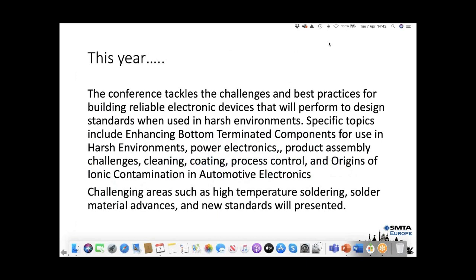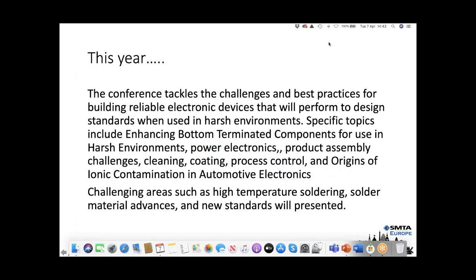I sometimes get asked, Keith, what's a harsh environment? Obviously, we've got under hood stuff in automotive. We've got the things that go down oil wells, but with harsh environments these days, there are a lot of different areas where you would consider the environment to be harsh for one reason or another.